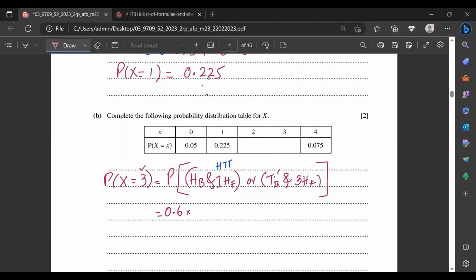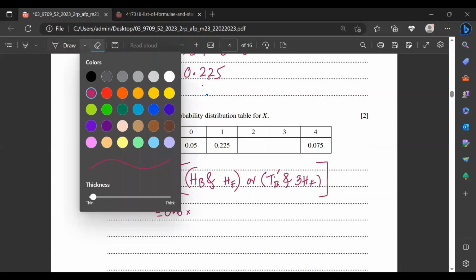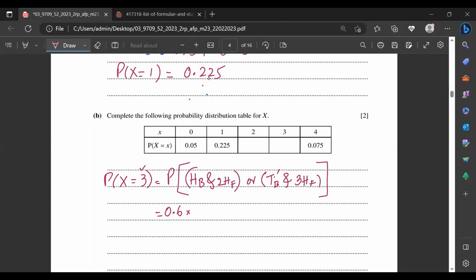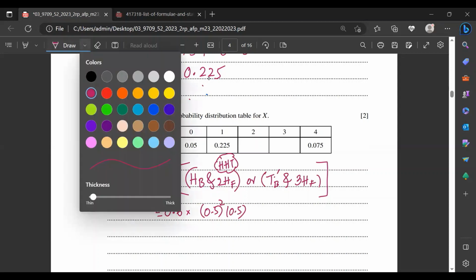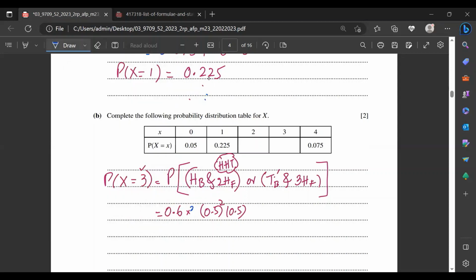For head on the biased, I'm looking for 2 heads here, because overall 3. 2 heads means head, head, and tail. So 2 heads means 0.5 raised to the power 2 and 0.5, and further these can be rearranged in many ways, like 3 factorial as we did earlier.